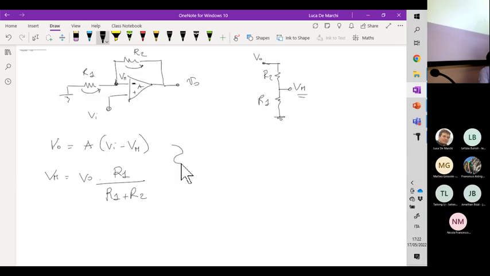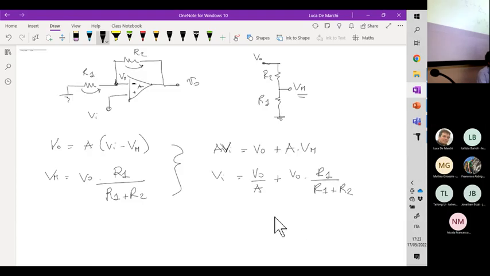If we plug this quantity here, we have that A times Vi is equal to V out plus A times V minus, which means that Vi is equal to V out over A plus V minus, which is V out times R1 over R1 plus R2.